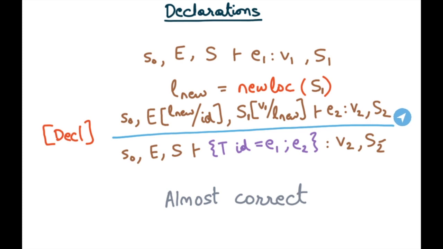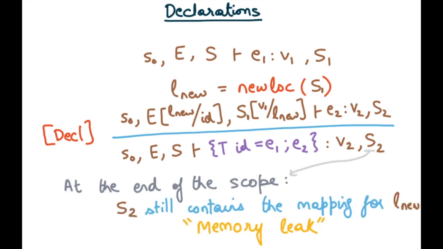Now I point out that this rule for the semantics of a declaration is almost correct. It is not completely correct. What is the problem? At the end of the scope, we just use S2, and S2 is just the result of the application of side effects due to E2. But the context in which S2 was evaluated is S1, where LNU has a mapping to v1. So LNU would still have a mapping in S2, because it had a mapping in the context in which it was evaluated.